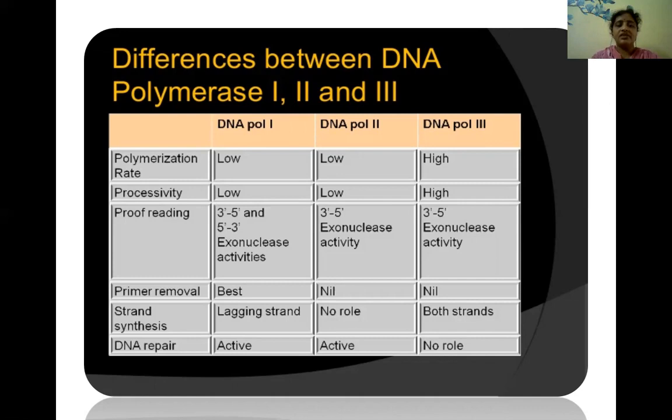Next, processivity is very low in DNA polymerases 1 and 2, and high in DNA polymerase 3. The proofreading, which is the 3 prime to 5 prime and 5 prime to 3 prime exonuclease activities, is very active in DNA polymerase 1.